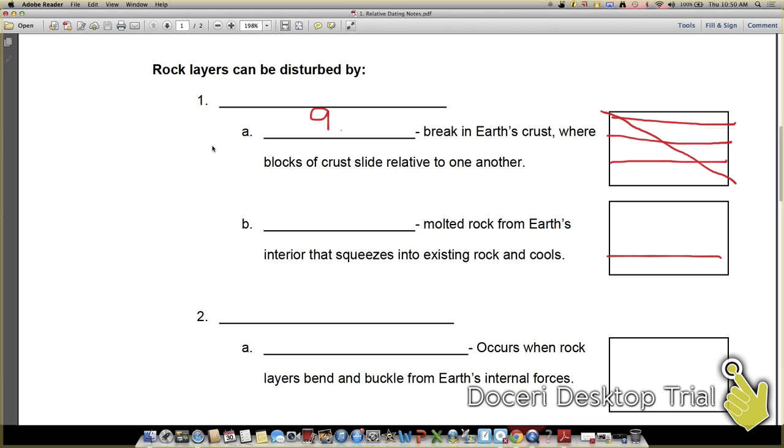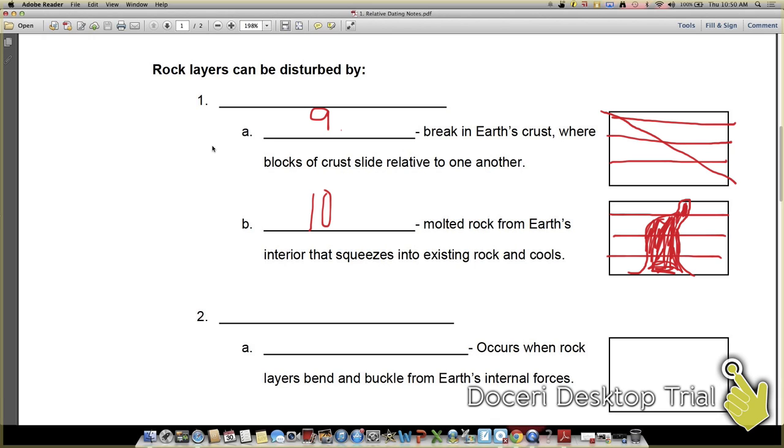Sometimes the rock layers, again, are placed upon the earth in an undisturbed form, but then molten rock comes up and then hardens to make its own rock, disturbing the rock layers that were there.